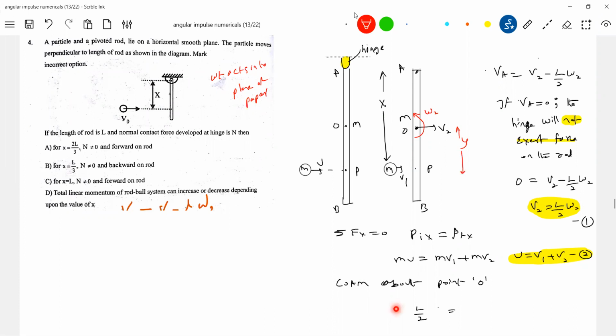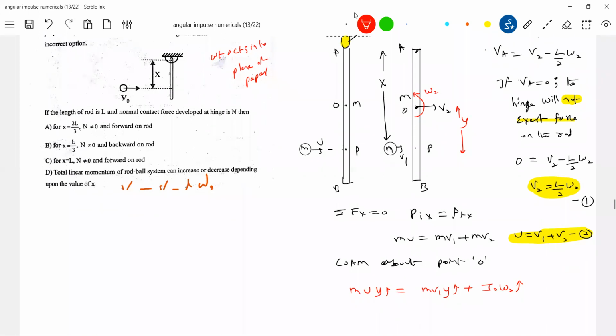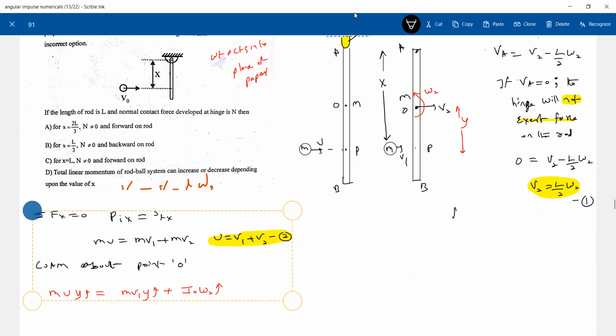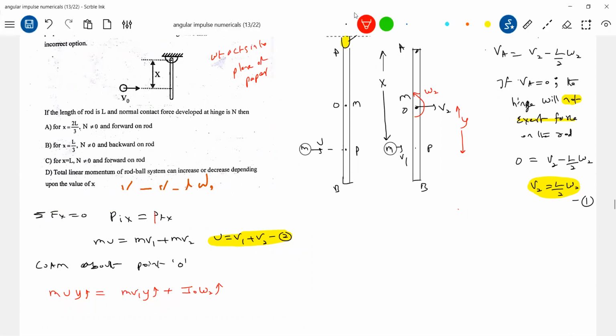So what is y equal to? Mu y anti-clockwise should be equal to mv1y anti-clockwise plus I omega 2 anti-clockwise. I'll bring everything here. Okay, there's one equation we got.